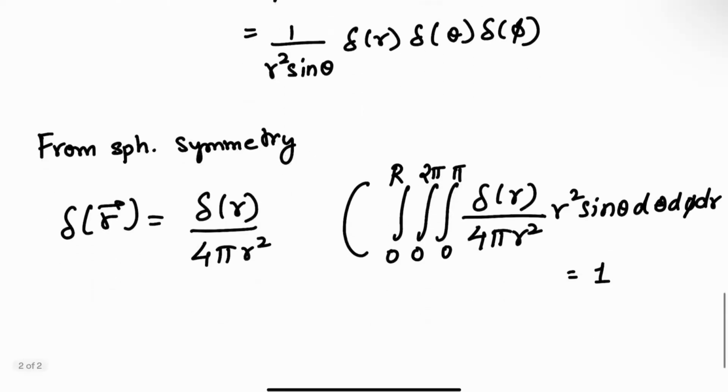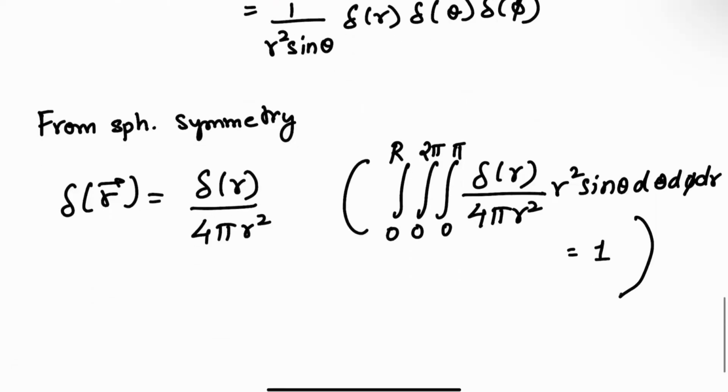Okay, because the r squares cancel, and then the integral of sine theta is 2, the integral of d phi is 2 pi, so that cancels the 4 pi, and then the integral of the delta of r is 1. Right, so this is the reason that in spherically symmetric problems, delta of r vector is just delta of r divided by 4 pi r squared.